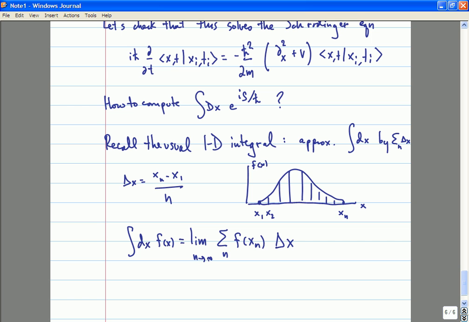So the way that you define an integral is you break it up into some discrete sum, and then you take the limit where all of these delta x's become very small.